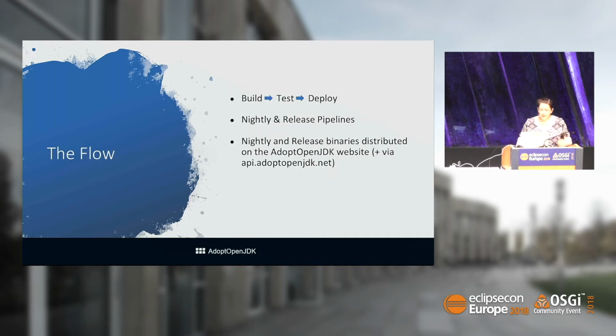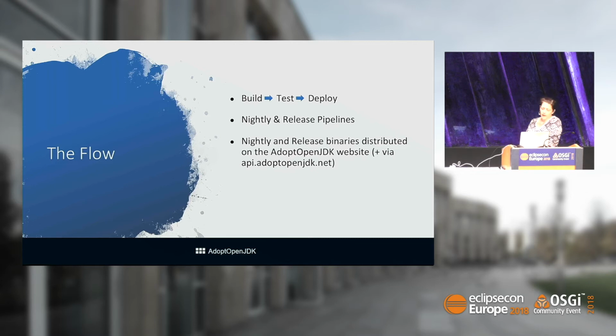All right, so what is this? It is build, test, deploy, tirelessly every night, and then again at release time. So we have nightly and release pipelines. The nightly pipelines run a certain set of tests, actually quite a large set for a nightly pipeline, I've been told by people from other companies. And then for the release pipelines, we bump up the testing even further.